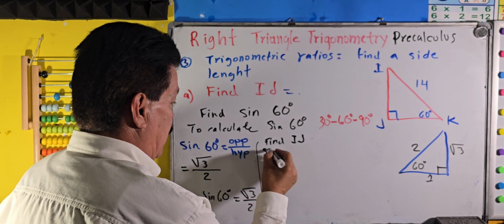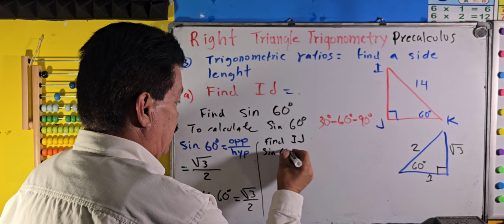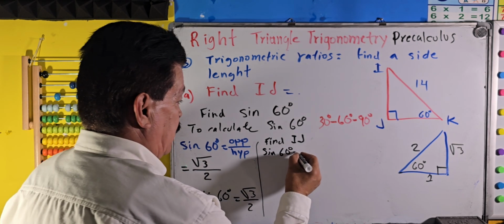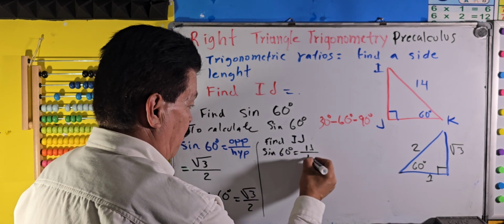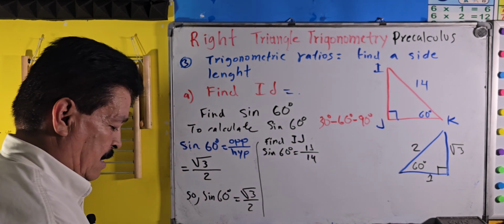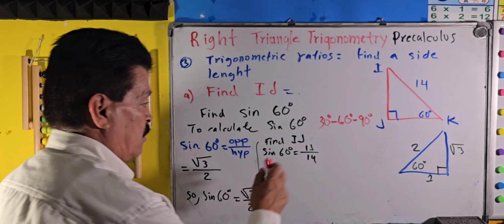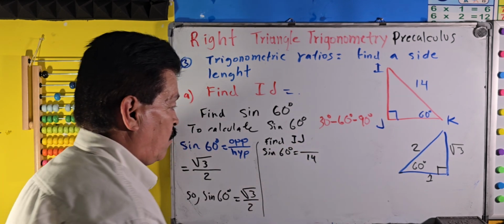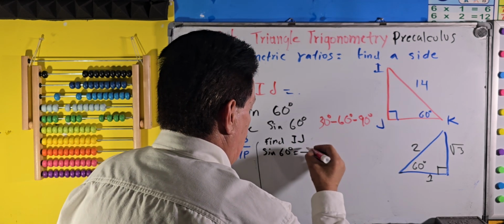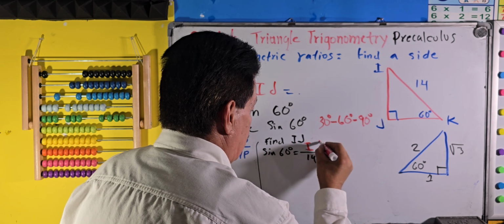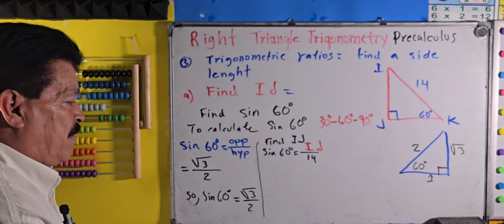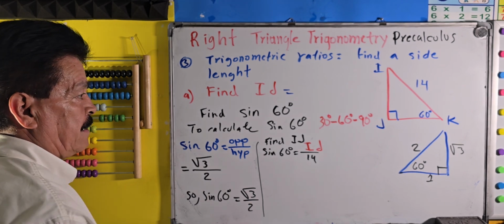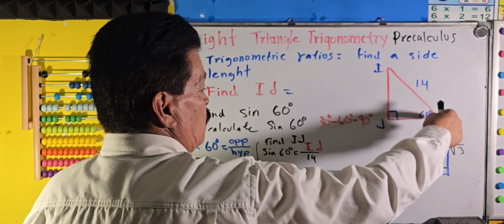So here sine of 60 degrees equals IJ divided by 14, right? Let me write it with the red color here because I get confused. This is IJ, divided by 14. The hypotenuse is 14.